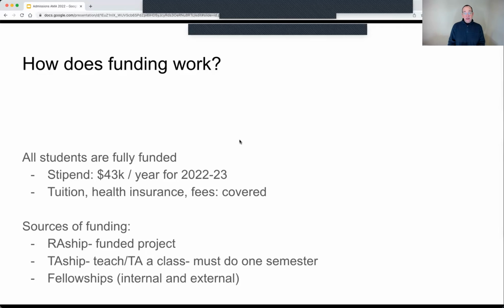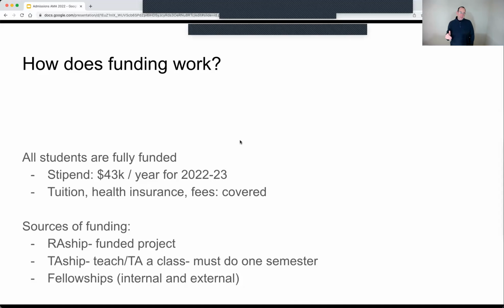The last category are fellowships. We have some internal fellowships, like the VTSI program. There's also external fellowships like the NSF, the NDSEG, Google, Meta, lots of fellowships are available. And that means your funding is not tied to any specific activities at Hopkins. This is not a decision that's made when you're admitted, and it's not a decision that's fixed.